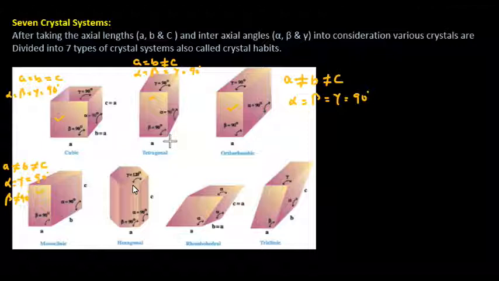Now hexagonal. Here also two sides are equal and two angles are equal to 90 degrees and one angle is 120 degrees.